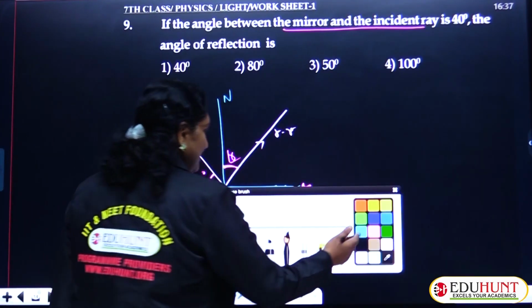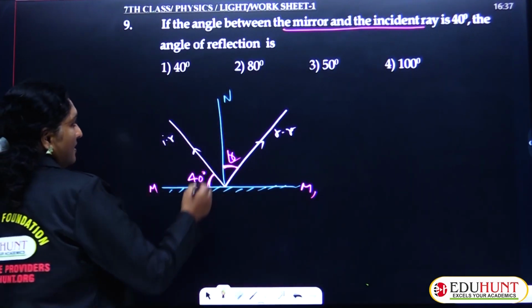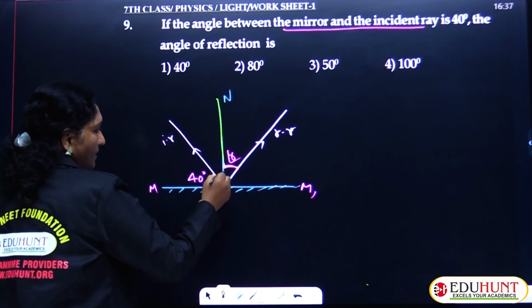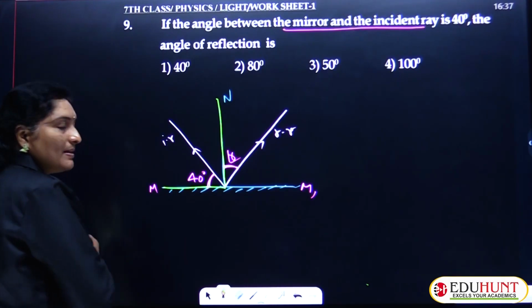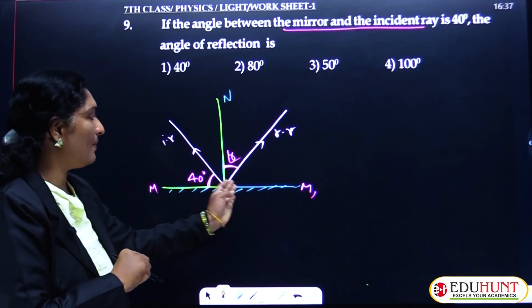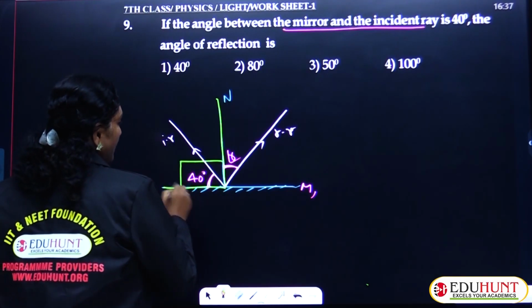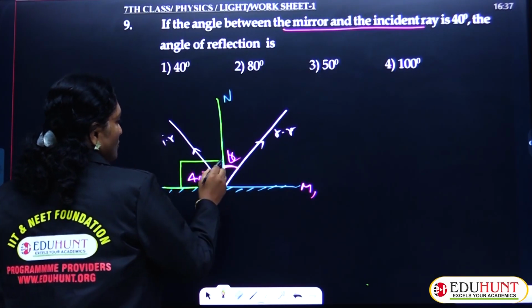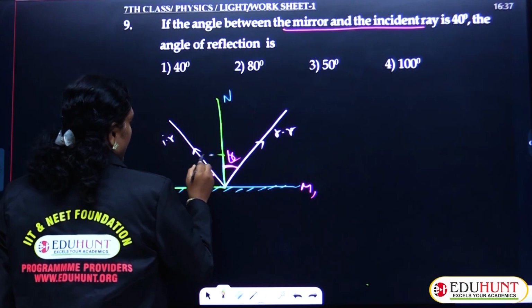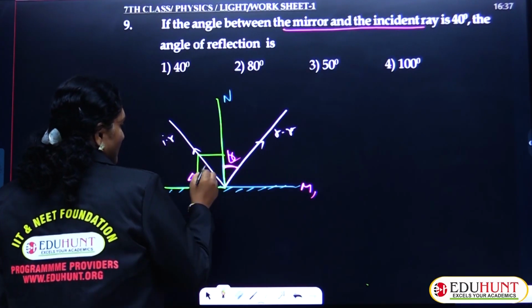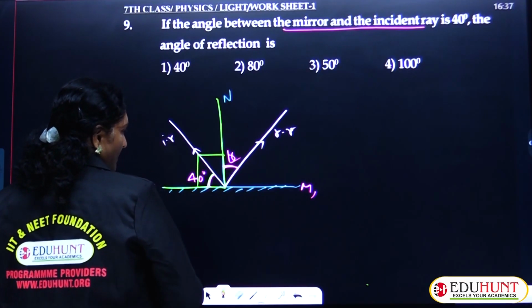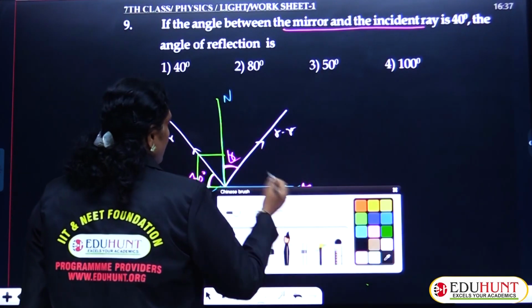So before solving this, let us try to understand. What must be the angle between the normal and the plane mirror? It must be 90 degrees because the normal is perpendicular to the surface. So the total angle must be 90 degrees. If the total angle is 90 degrees and this portion is 40 degrees, what must be the remaining portion?